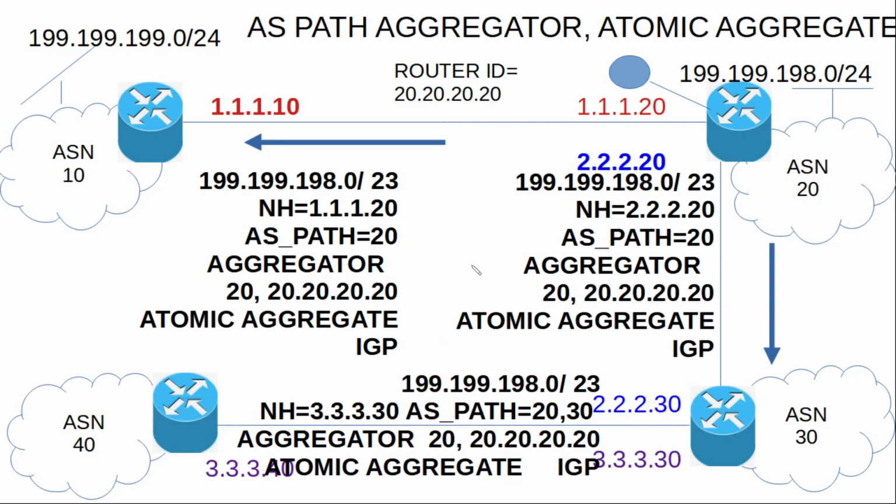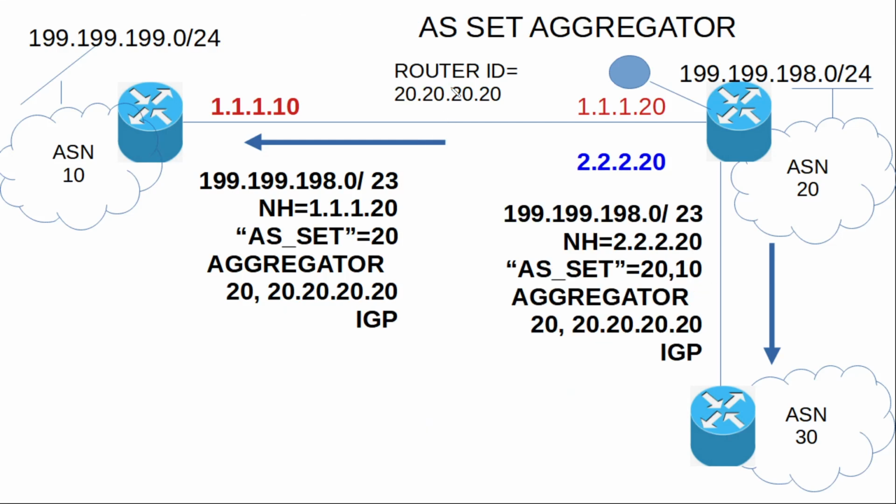Now, if you choose to use the AS set, then you are not going to see the atomic aggregate, and you are going to receive also an AS set, which is a list of the autonomous system numbers to which the prefixes that conform this aggregation belong.